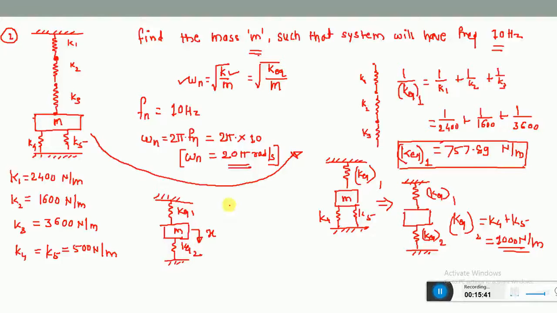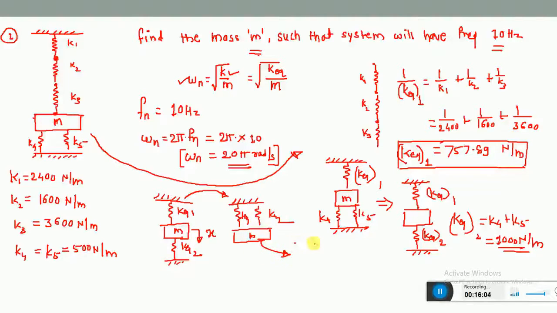So we can represent this system like a parallel spring arrangement system like this. So this is K equivalent 2 and this is K equivalent 1.